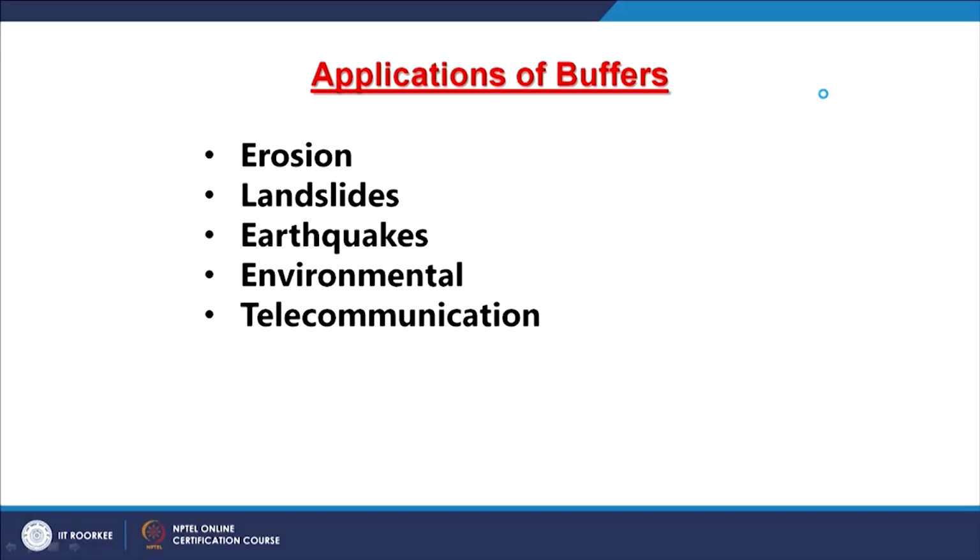In telecommunication also, especially in mobile communication, the transmission or connectivity of a tower is not in a circular form, it has an angle. So suppose there is a tower located, then it might cover only this much area, not like this.